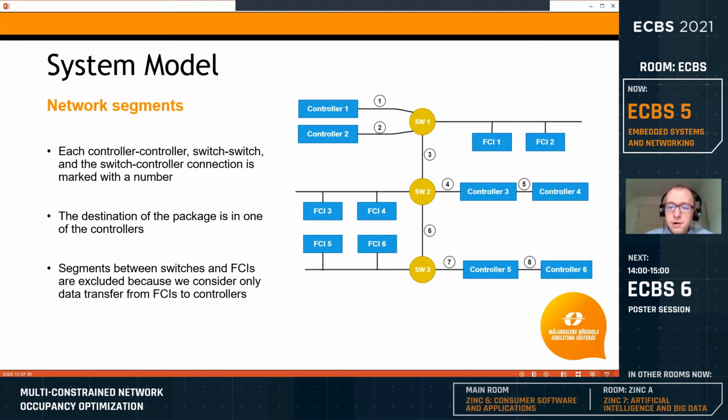We didn't number and take into account segments between switches and FCIs, because as the network is ideal, all data will eventually come from the FCI to the nearest switch. There's nothing to optimize there. The destination of the signals is in one of the packages, and it is natural to assume, because most of the data flows between switches, that these segments between switches will be most occupied.